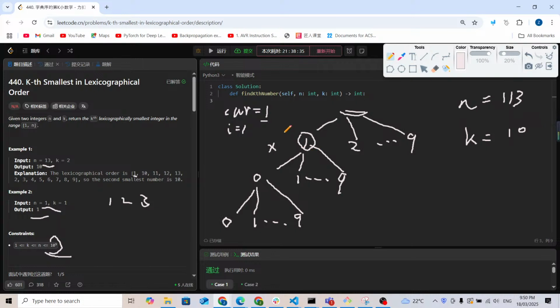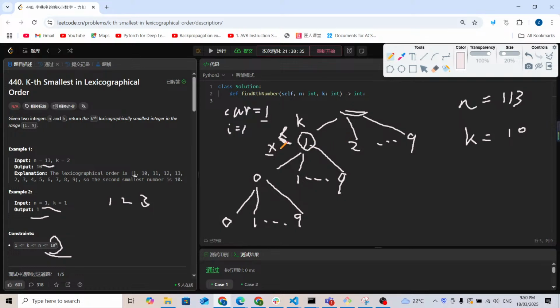If this x is less than the value k, it is not less than or equal, it is less than k. This means that the next number must be from this number 2, not from this number 1.